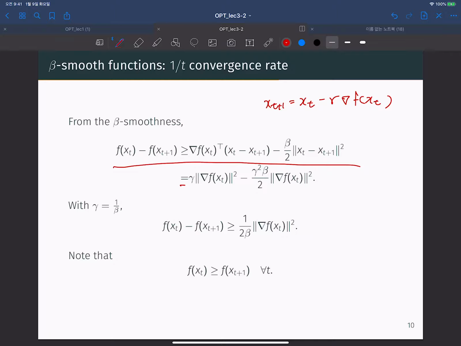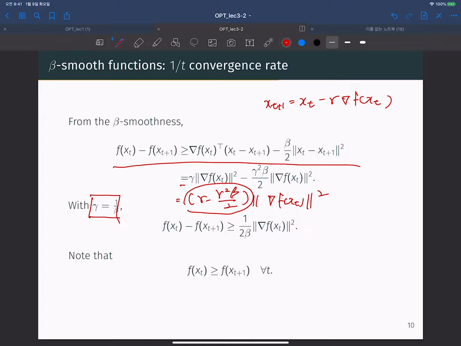That's it. Essentially this is equal to gamma minus gamma squared beta over 2 times the gradient of f(x_t) normed square. And we can optimize this term with gamma equal to 1 over beta. So this is a very nice learning rate for a beta smooth convex function.